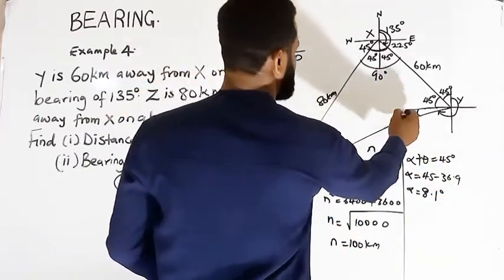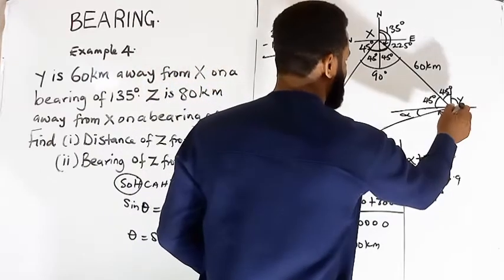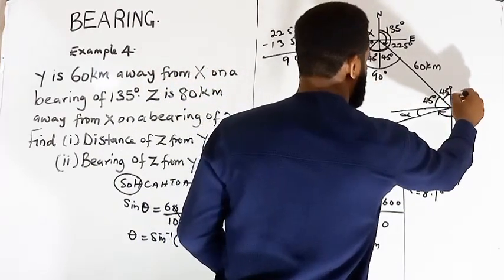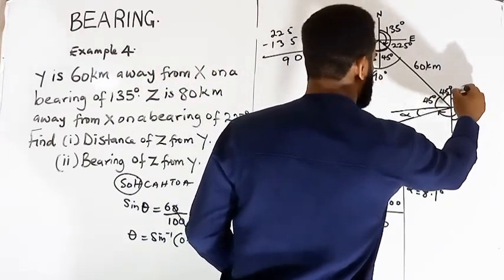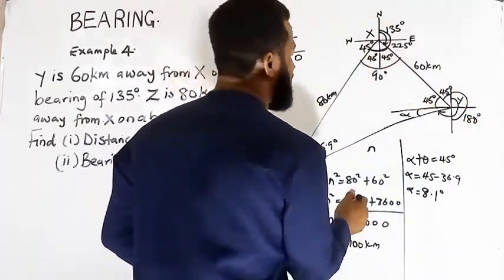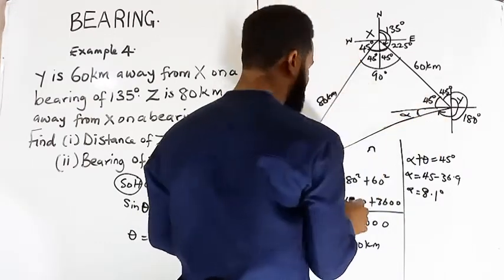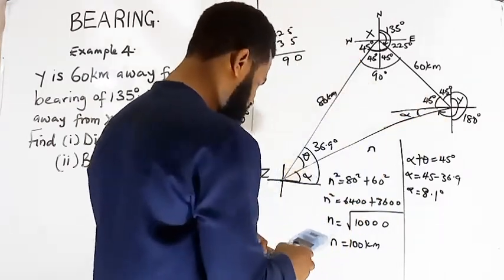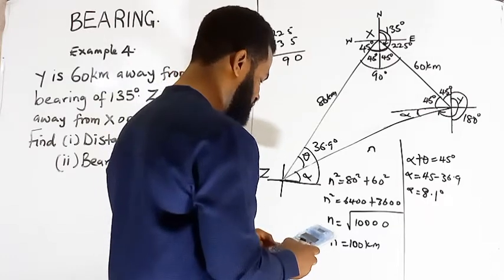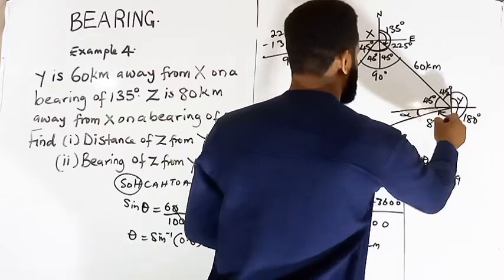So if alpha is 8.1 degrees, of course, it's a very small angle. Then from here to here is 180 degrees, all right? Now, from here all the way to this place is 90 degrees. So 90 minus 8.1 degrees is 81.9 degrees.